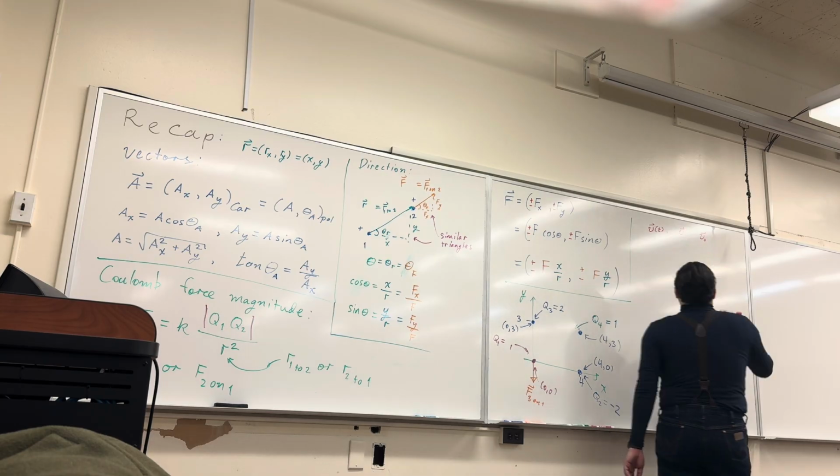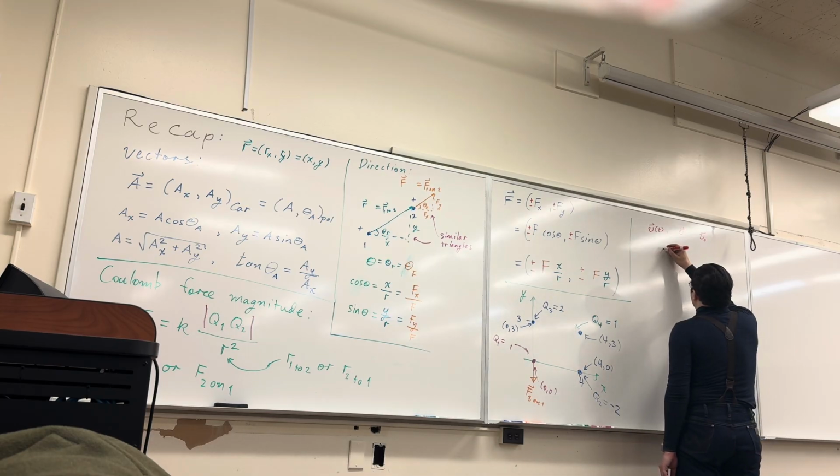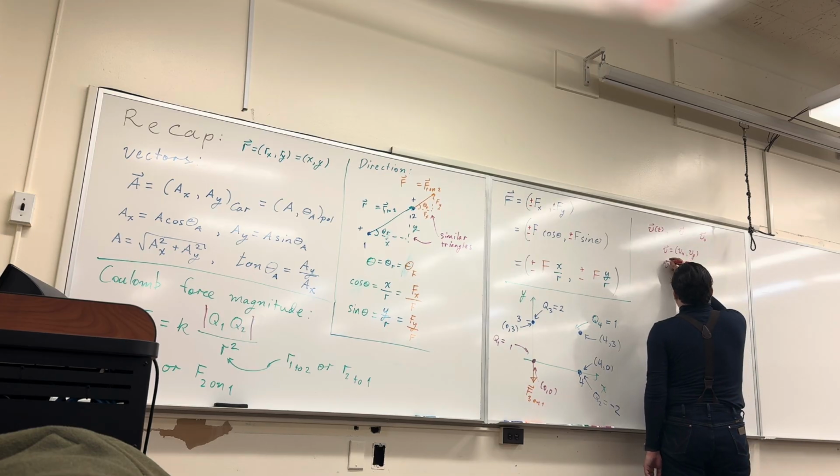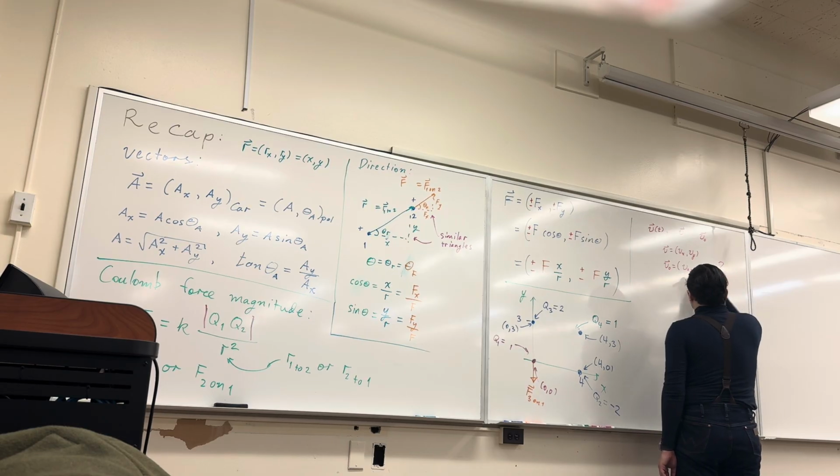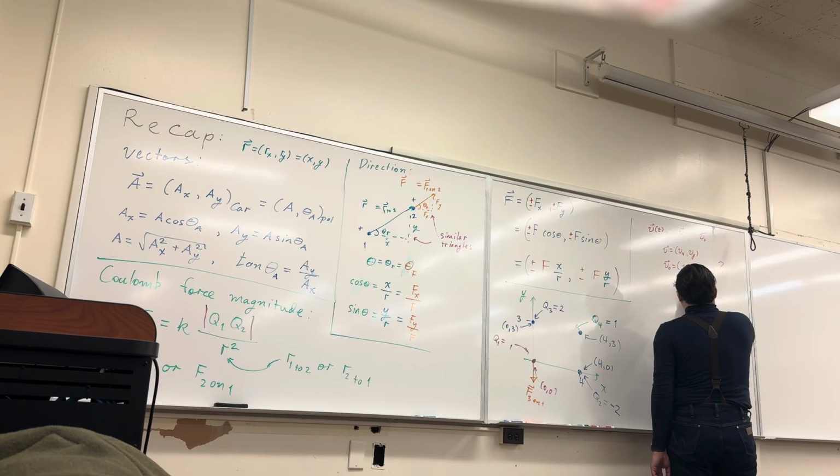Clearly v has Vx, Vy, but when you write v naught, do you write V naught comma x, V naught comma y? Or do you write Vx comma 0, Vy comma 0?